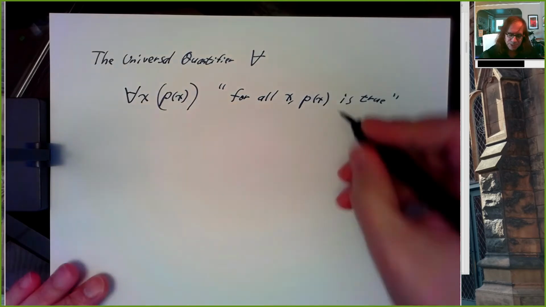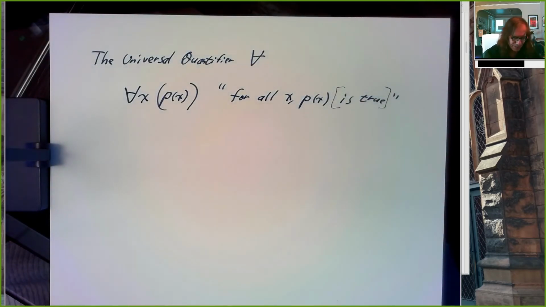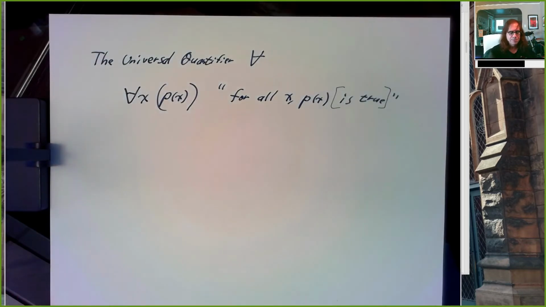And generally we don't write "is true." Right, when we write a proposition, we're usually writing it and saying that it's true by writing it down. So if I say p of x, I'm basically saying p of x is true. We can interpret this as for all x, p of x is true.